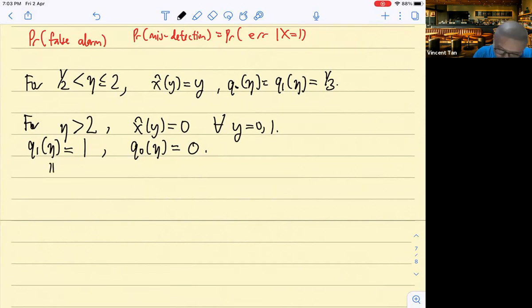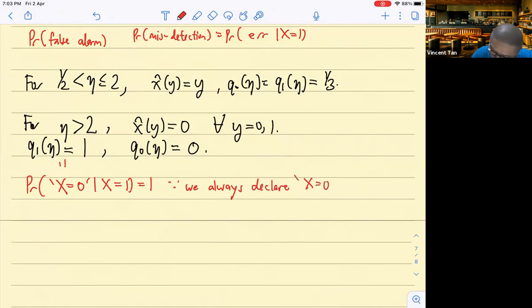So I just want to repeat this. Why is this equal to 1? What is the meaning of this? It is the probability that we decide that x is equal to 0 when x is equal to 1. But this is equal to 1 because we always declare x is equal to 0 when eta is bigger than 2.